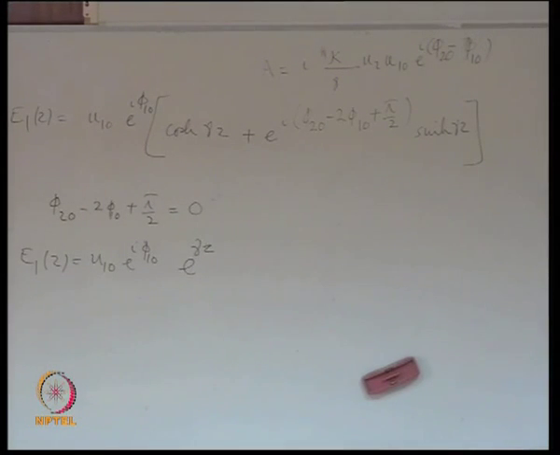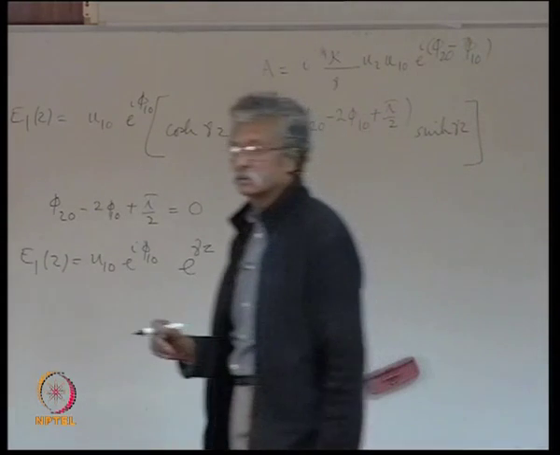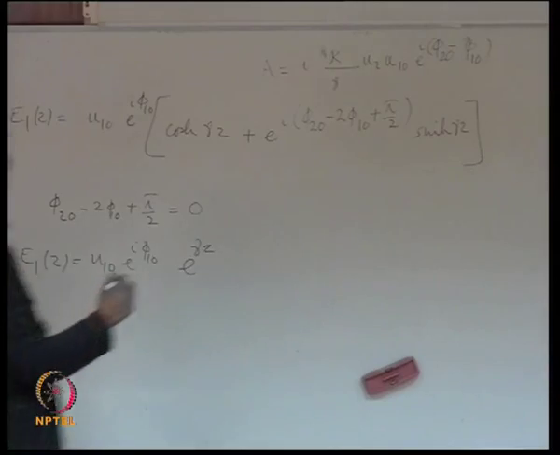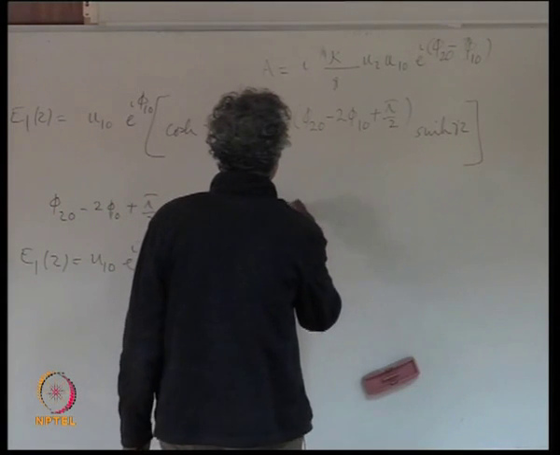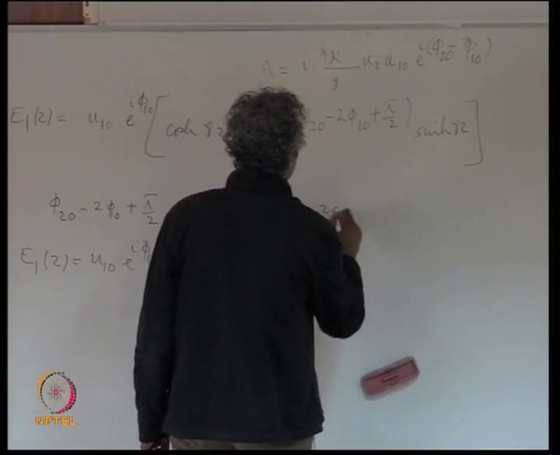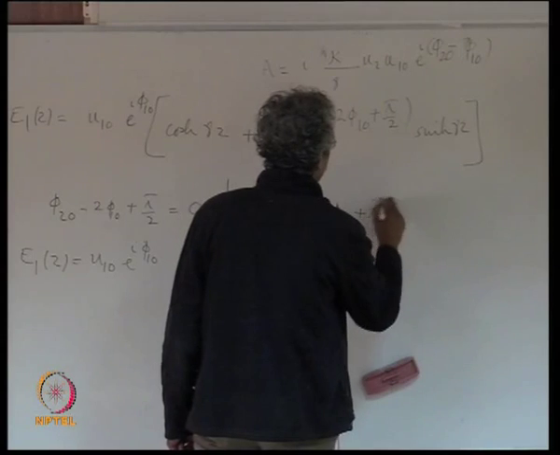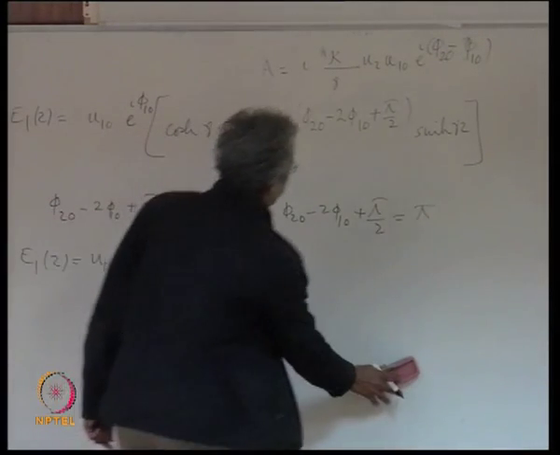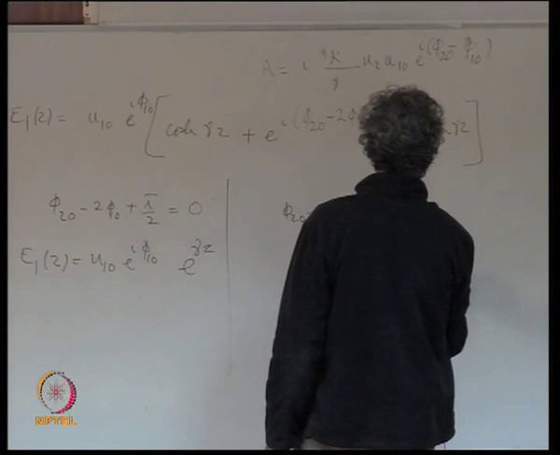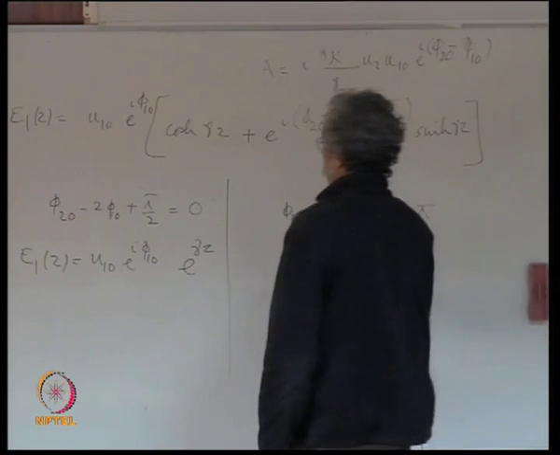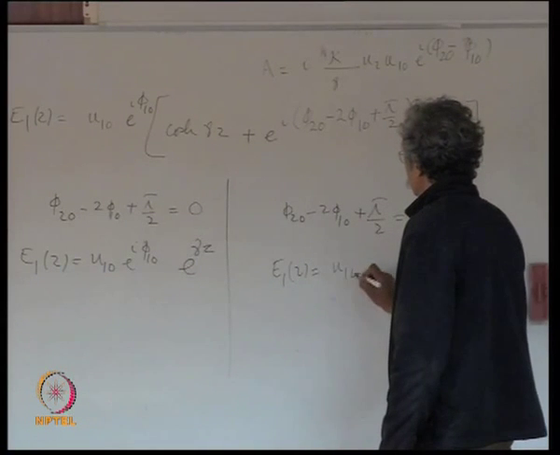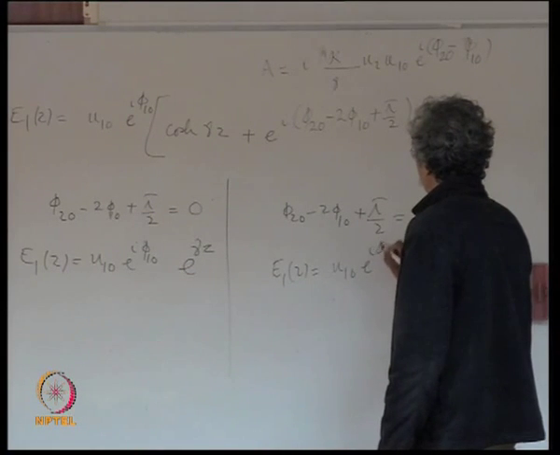Cos hyperbolic x minus sine hyperbolic x is exponential minus x. This is one case. If I had phi 2 0 minus 2 phi 1 0 plus pi by 2 equal to pi, then E1 of Z will be U10 e to the power I phi 1 0.